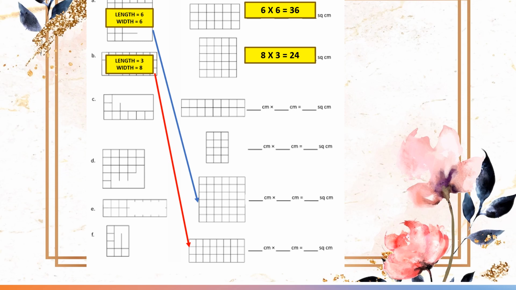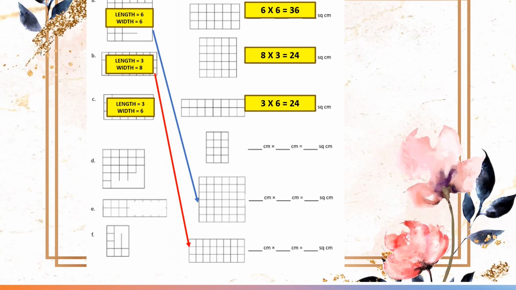So we're going to draw a line from array B to the very last one on the other side of the paper. Now let's look at array C. The length was 3 and the width was 6. So our equation to find the area for array C was 3 times 6 equals 24.